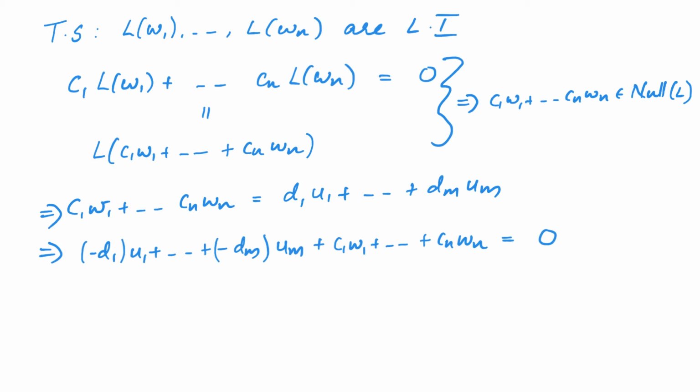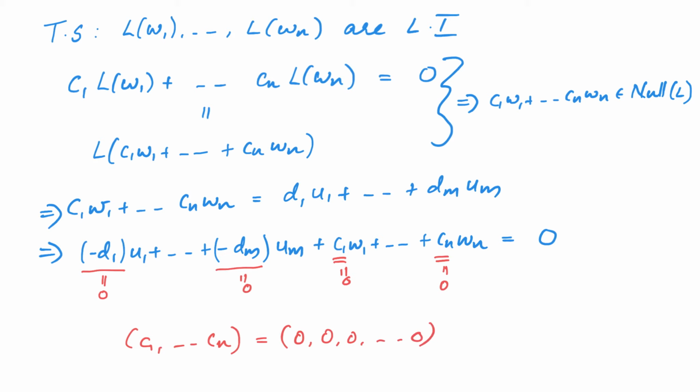But the linear independence of the vectors u1 to um, w1 to wn implies that all these constants are equal to 0. In particular, the tuple c1, c2, etc. up to cn is equal to the 0 tuple, which means that the vectors L of w1, L of w2, etc. up to L of wn are linearly independent. And this completes the proof of the theorem.